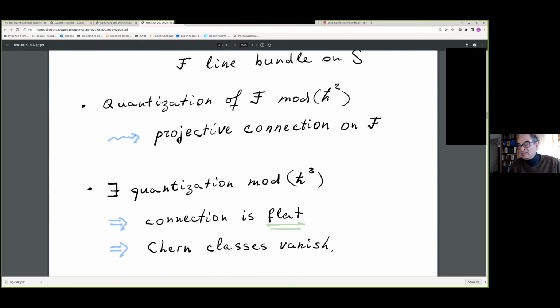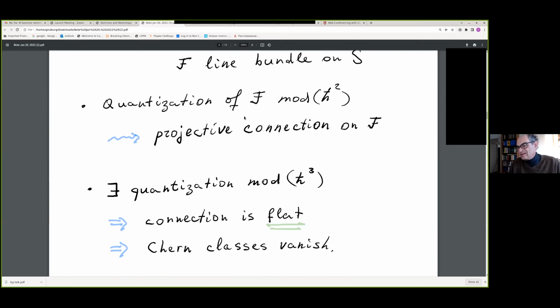Namely, consider the condition that a coherent sheaf F can be quantized. So F is a line bundle on S. Now I want to quantize it. I want to deform it to first order, mod H bar squared. And then if I want to deform it further, it will be a deformation mod H bar cubed, and so on.